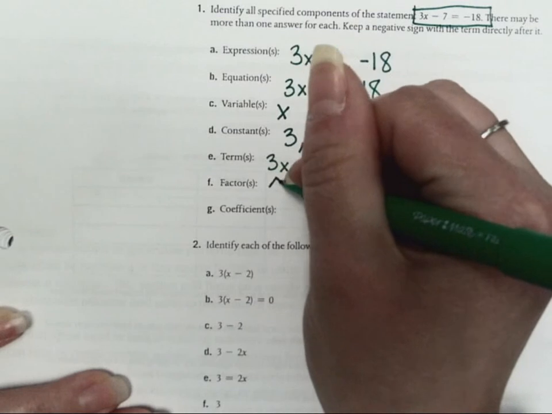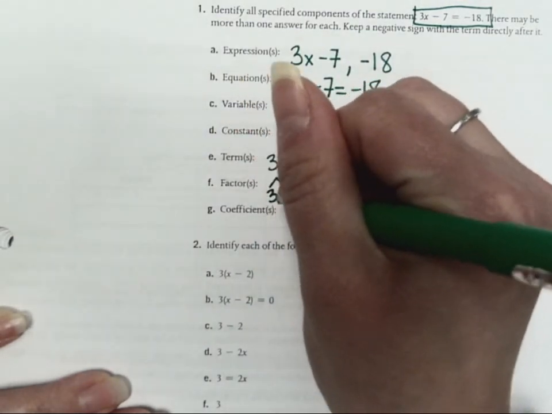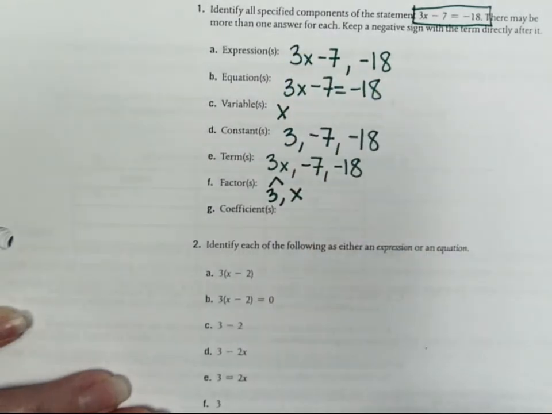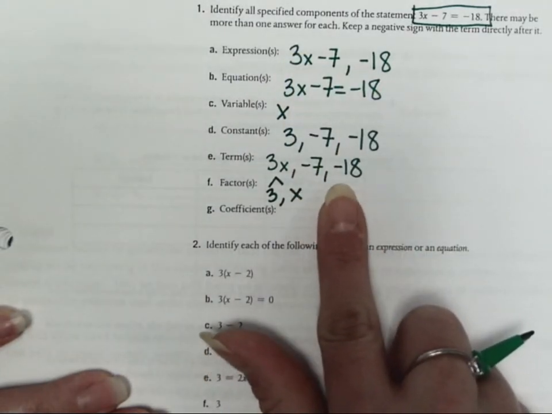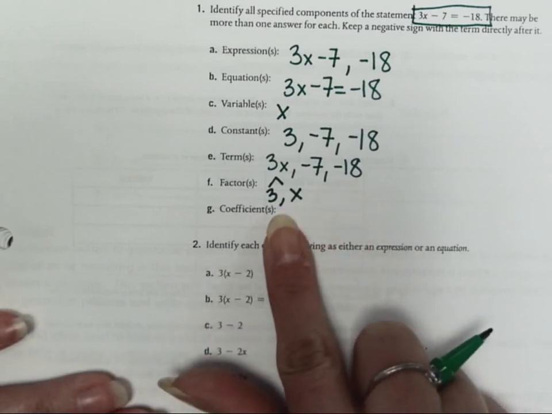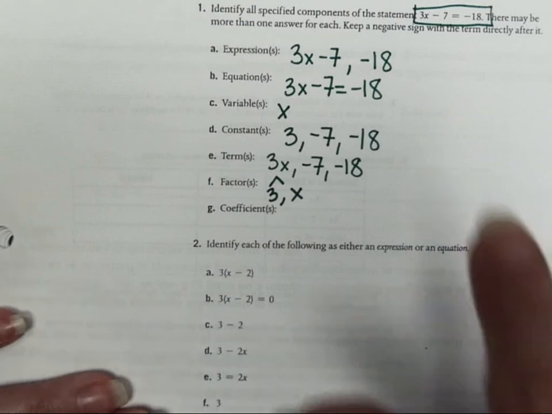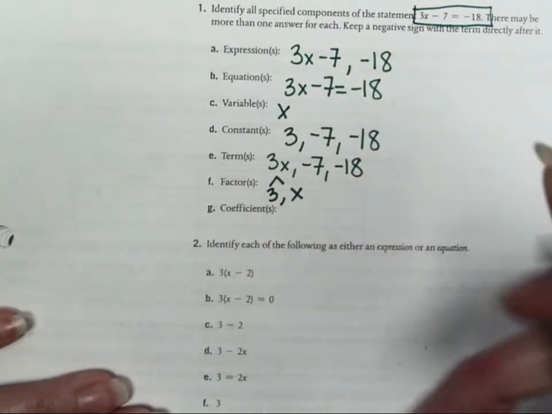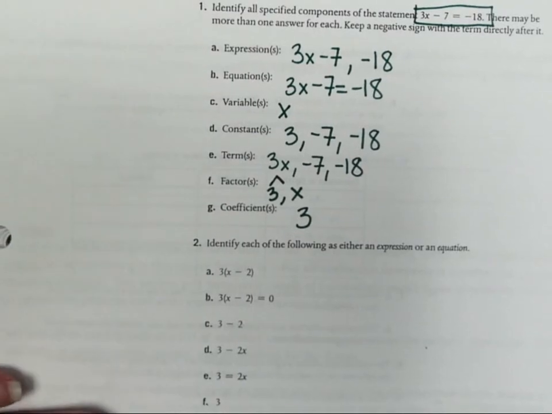So for instance, 3x had two parts multiplied together, the 3 and the x. The other ones didn't have things multiplied to give us that. And the coefficients are the numbers attached to a variable. So the 3 is attached to the x. So our coefficient would be 3.